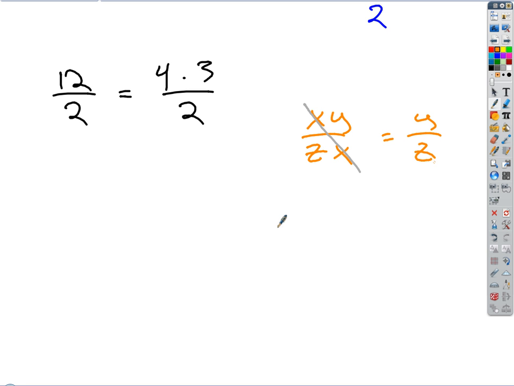What about this? I can't do anything there. There's nothing I can do to reduce that because nothing cancels there, right? I got one more. Compare that to this.